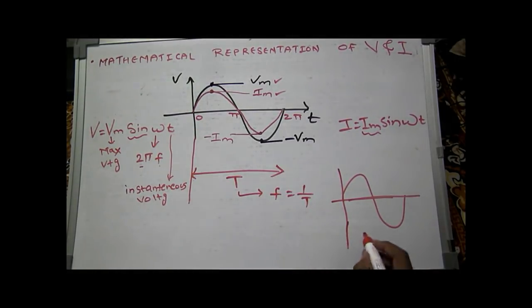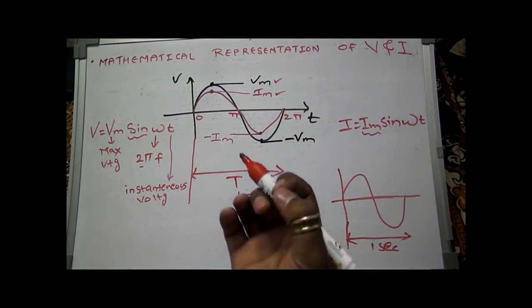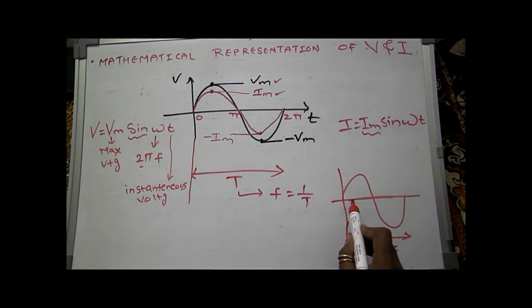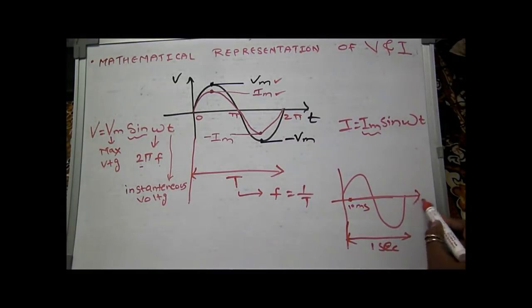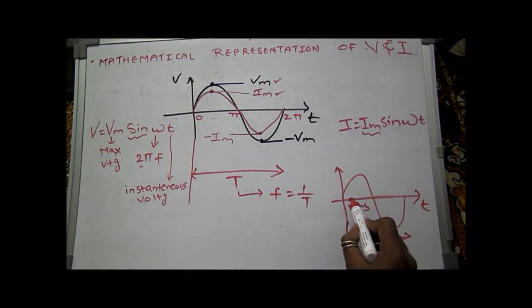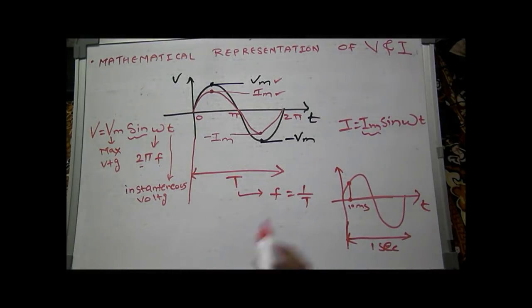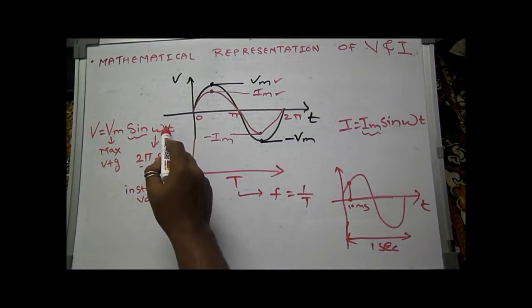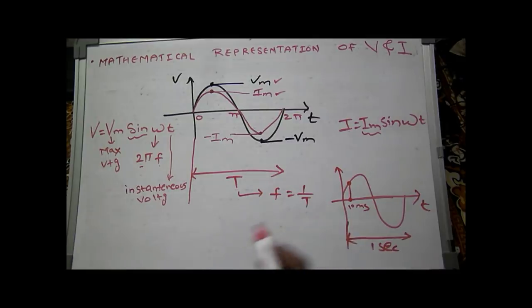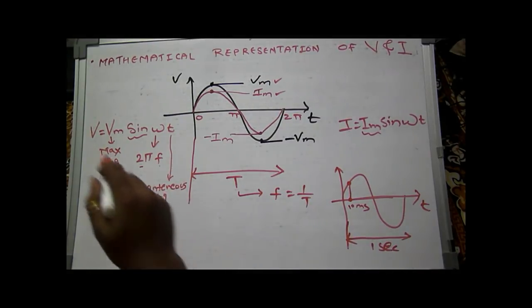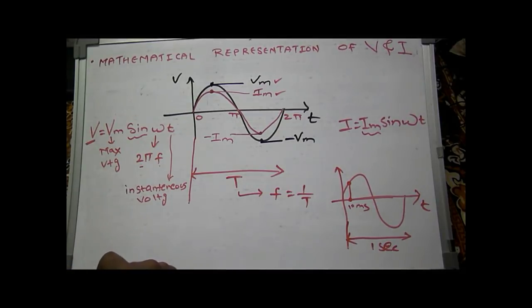For example, if this waveform is of 1 second, and you want to calculate the voltage at, suppose, 10 millisecond, suppose 10 millisecond is here, if you want to measure the voltage at this 10 millisecond, that is here, at that time this formula is used. There t is substituted by this 10 milliseconds. So from this formula you will get the voltage.